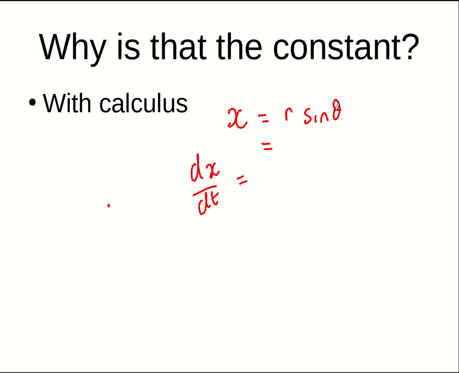We also know that theta is omega t, just as distance is velocity times time, the angle is the angular velocity times time, so we can replace that with r sine of omega t. So if we differentiate that with respect to time, then we get r, omega comes out, the differential of sine is cos omega t.